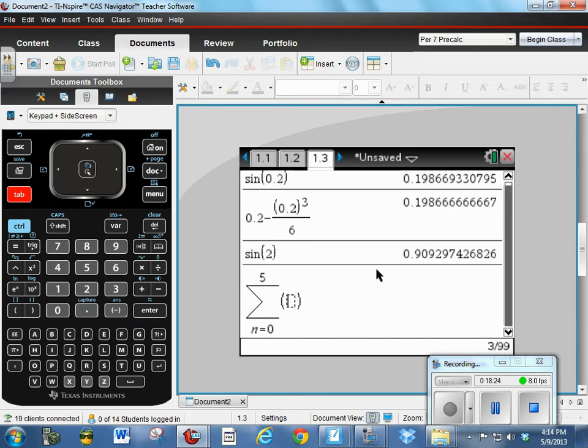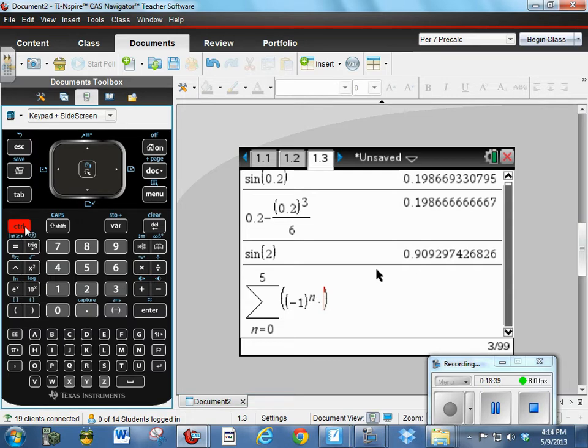And then we have to type this in. It'll take a little longer. Negative 1 to the n power times, and then we'll use our fraction, and then we have x to the 2n plus 1 power, divided by 2n plus 1 factorial.